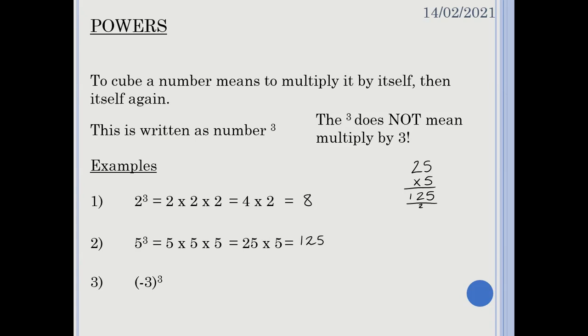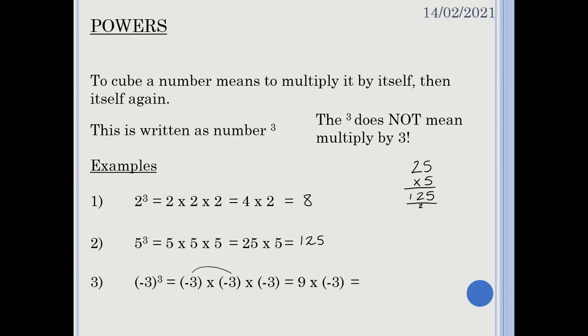What about negative 3 cubed? We saw with squaring that the answer will always be positive. Do you think it will be the same with cubing? Now let's find out. We can rewrite that as negative 3 times negative 3 times negative 3. We can make it a bit easier for ourselves by saying negative 3 multiplied by negative 3 gives us 9.